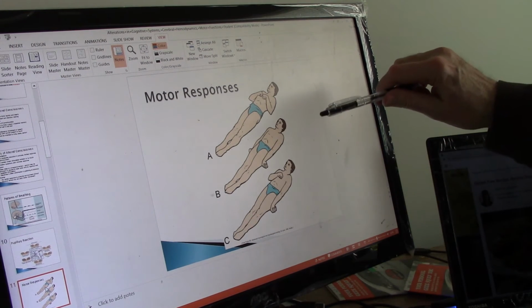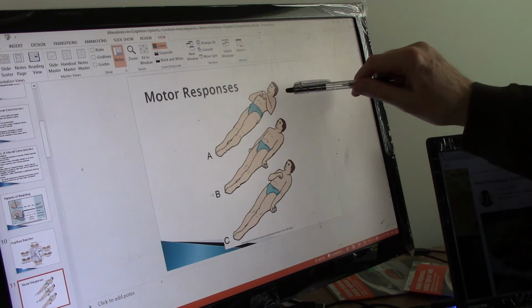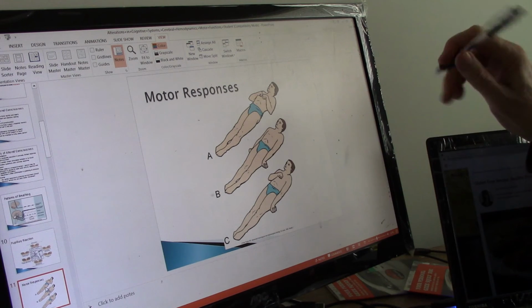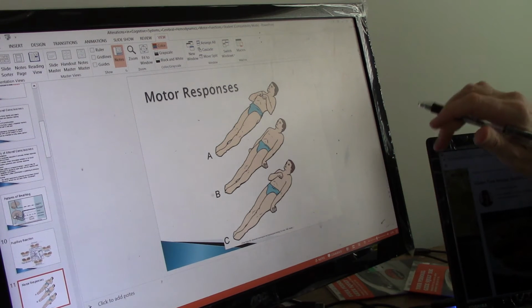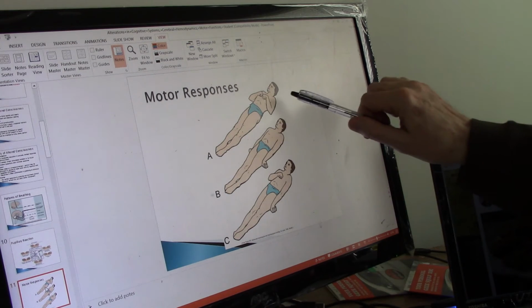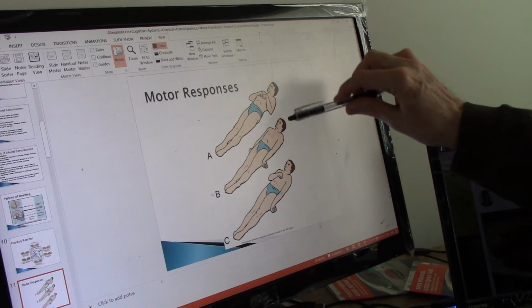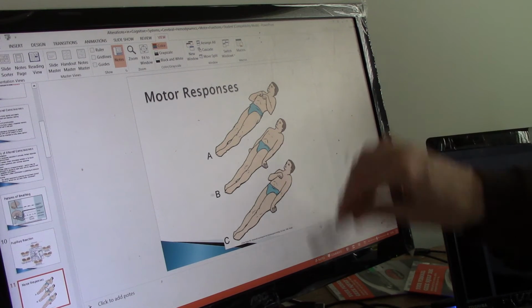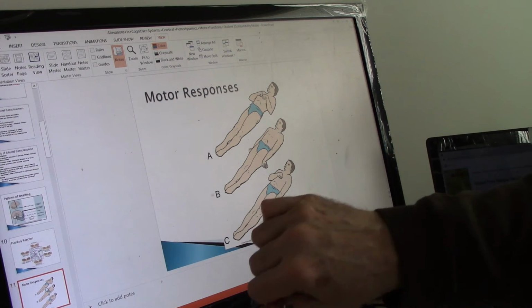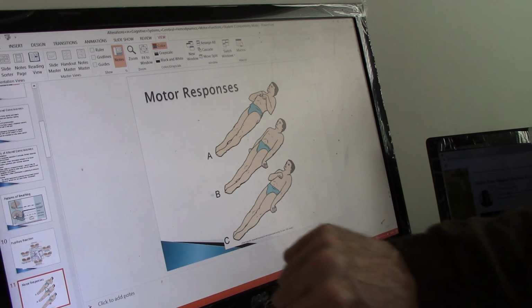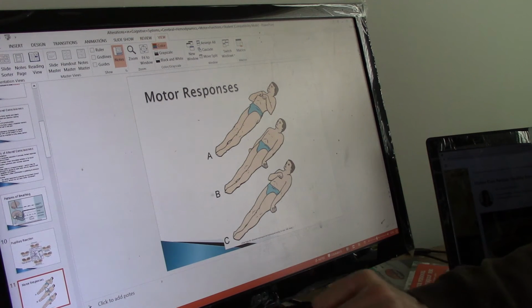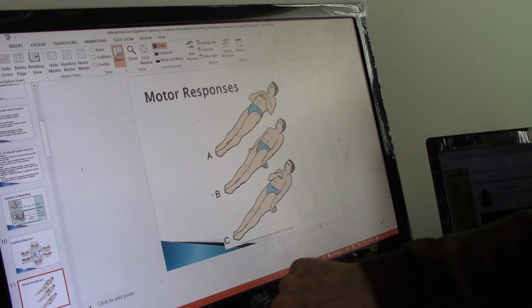There are also motor responses to the body. The top one is called decorticate, and this is a loss of the cortex. Now the next one is decerebrate, where you have the hands rotated in an abducting type direction.